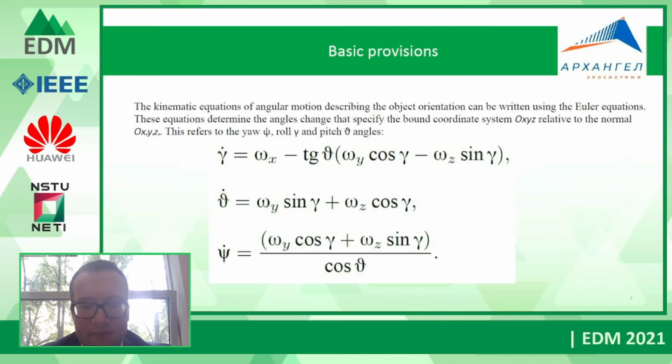The kinematic equation could be written with the Euler equation. So we refer to three angles: the yaw, roll, and pitch.